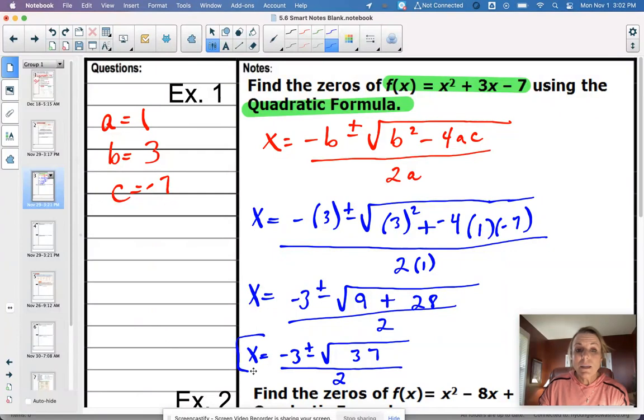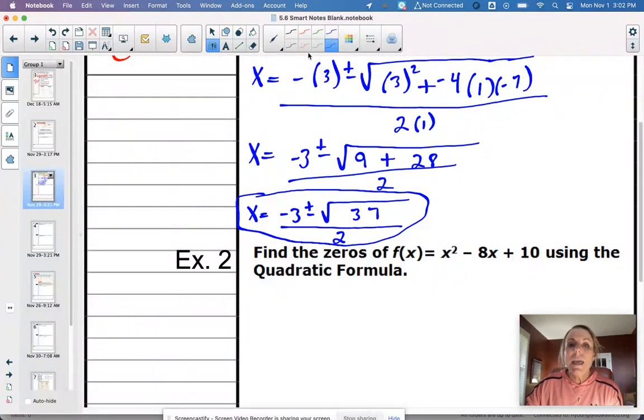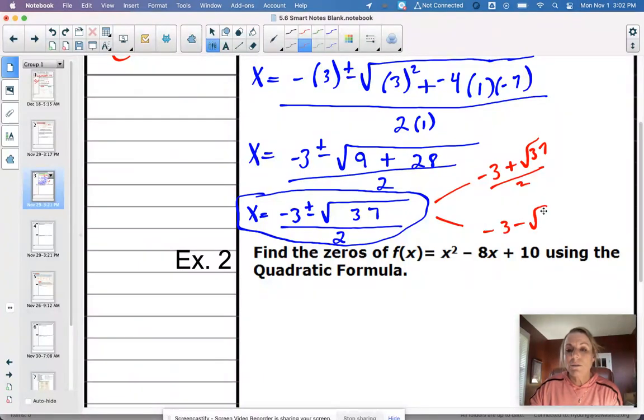And honestly, we would stop right there because I can't simplify that radical. Again, if you're thinking I don't see two answers, well, the two answers are -3 plus the square root of 37 over 2 and -3 minus the square root of 37 over 2.